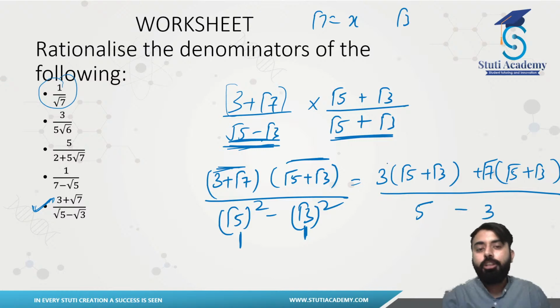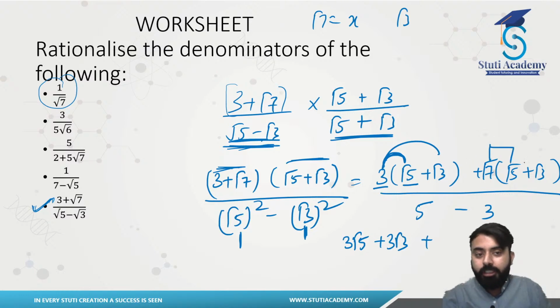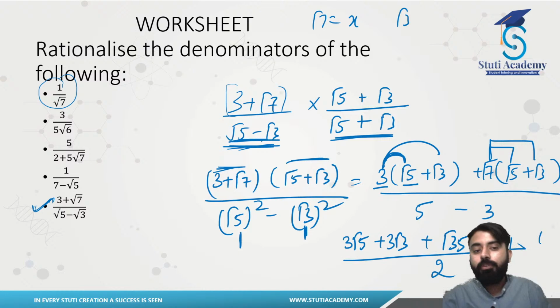Subtracting that. Now guys see, 3 into root 5, because this is rational, this is irrational, they won't be multiplying easily, so that should be 3 root 5. 3 into root 3, that will be positive 3 root 3. Root 7 into root 5, now you guys see, both of them are in root, 7 and 5 will multiply. You will be having root 35. And root 7 into root 3, that will be root 21, divided by 2. So that will be your answer.